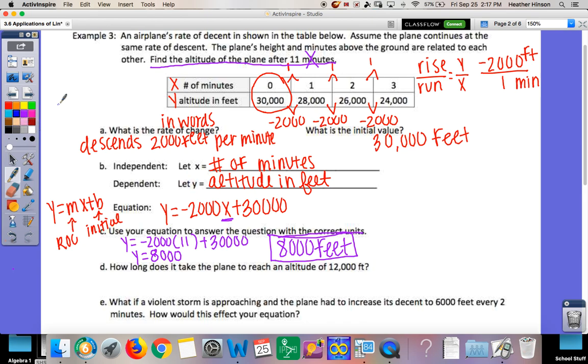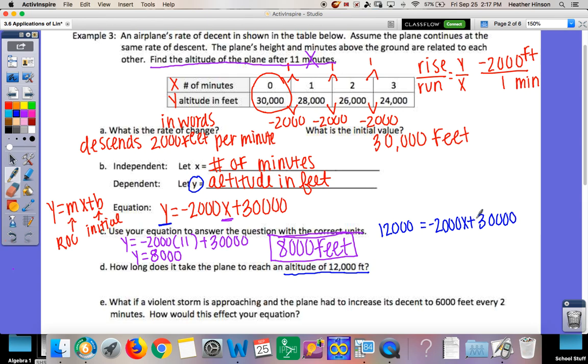Okay, then we're going to see how long does it take the plane to reach an altitude of 12,000 feet. So what is an altitude of 12,000 feet? X or Y? Well, altitude in feet is Y, so we're going to plug 12,000 into Y. And then we're going to solve it, starting with addition and subtraction.